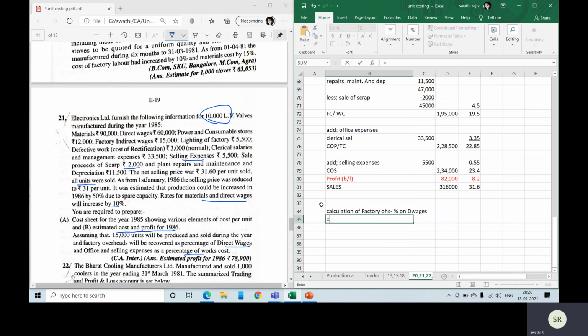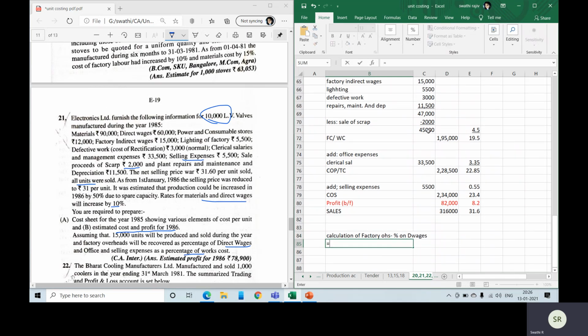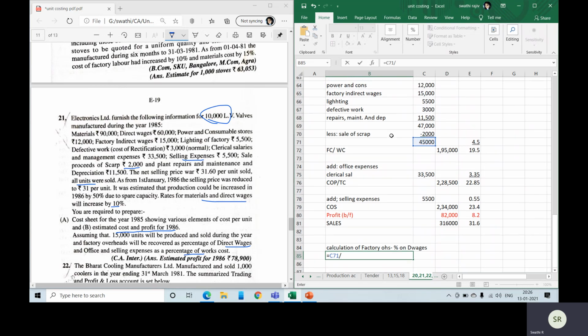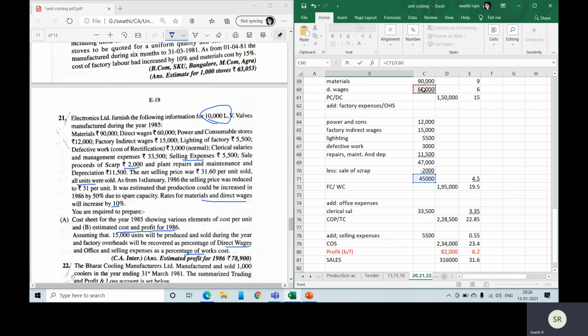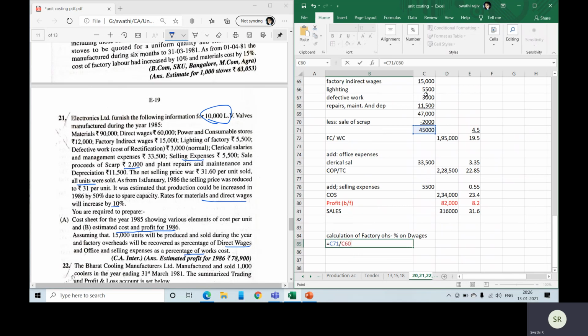So factory overheads in the above question is 45,000. It will be 45,000 divided by direct wages, 60,000, into 100, which is 75%. Similarly, we will also calculate office expenditure first, and then we will go to selling.